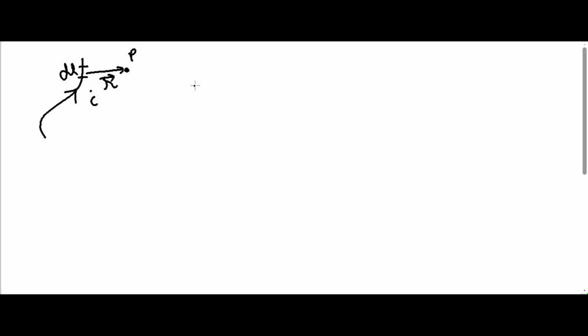The magnitude of this is given by Biot-Savart's law, which gives us the equation for the magnetic field that the wire dl produces.